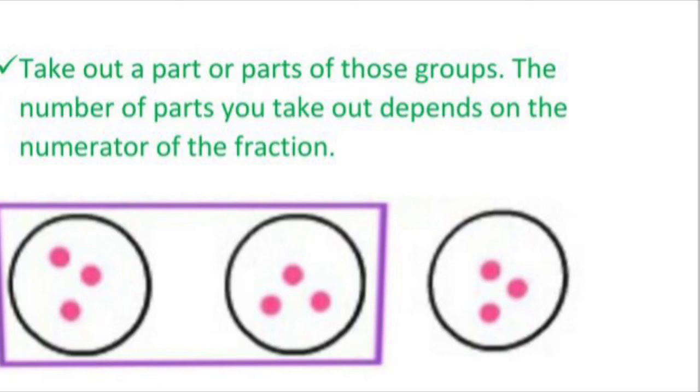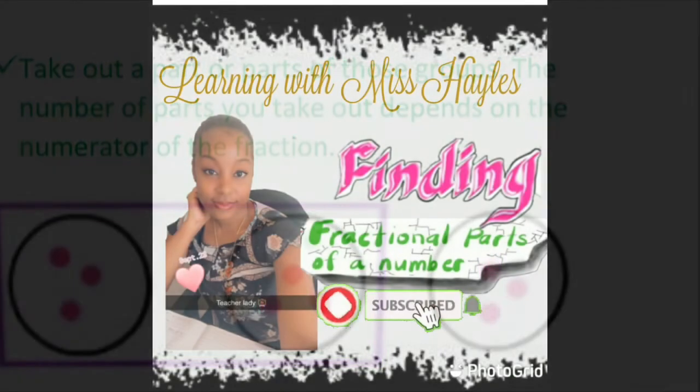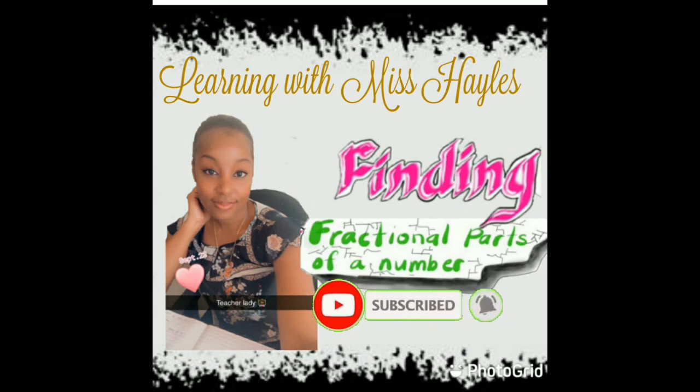The number of parts you take out depends on the numerator of your fraction. You will then count the number of objects you have in the parts you took out, and that will be your answer.